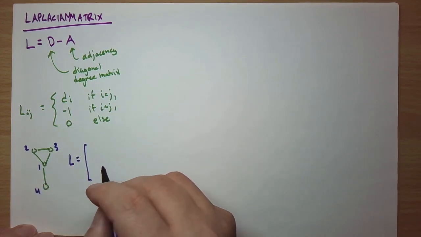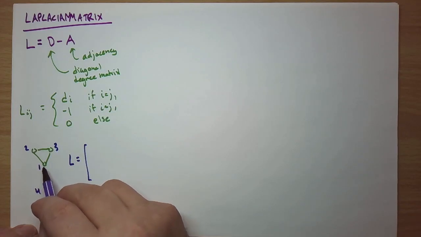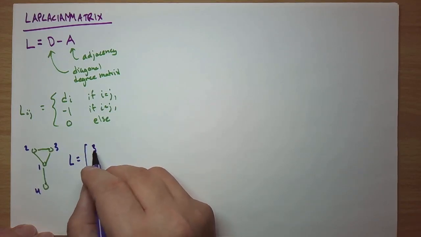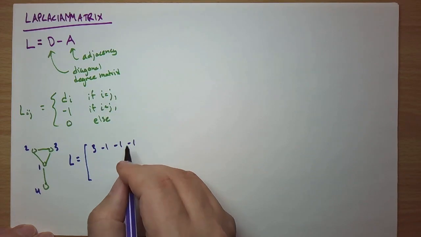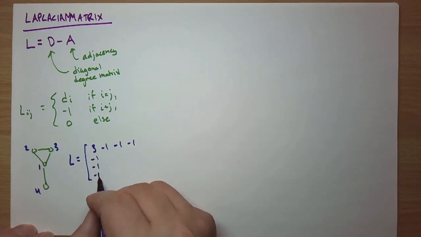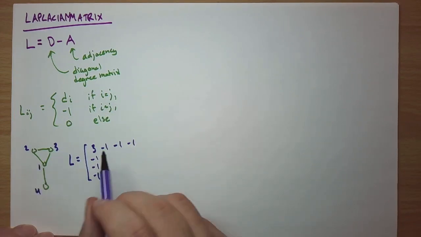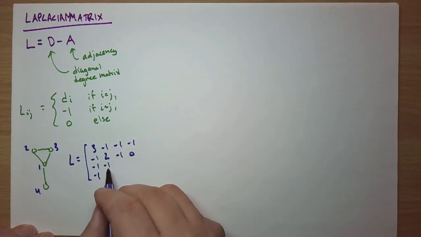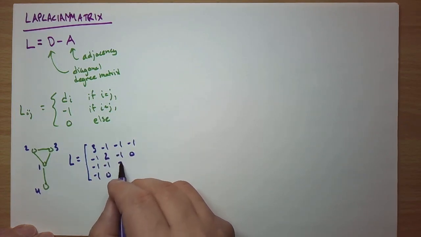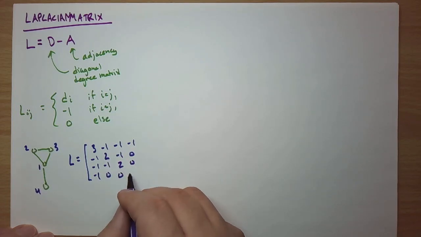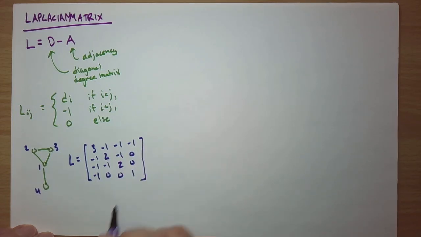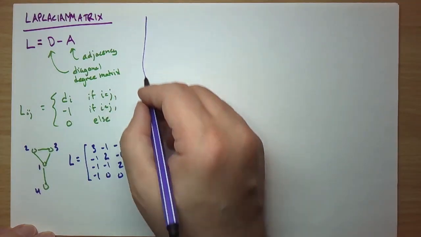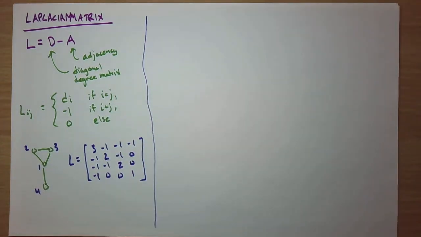Well, the Laplacian matrix, we have that the degree of vertex 1 is 3, minus 1, minus 1, minus 1. And it's symmetric, so that's nice. Degree of 2 is 2. Degree of 3 is similarly 2. And degree of 4 is 1.